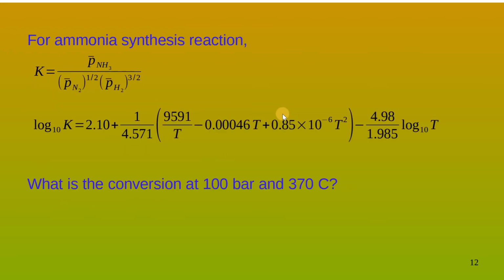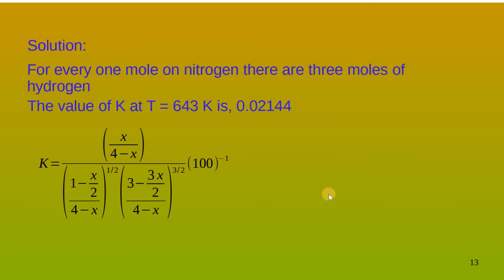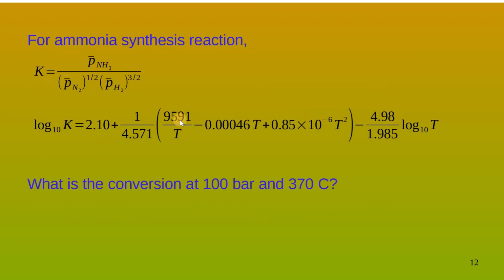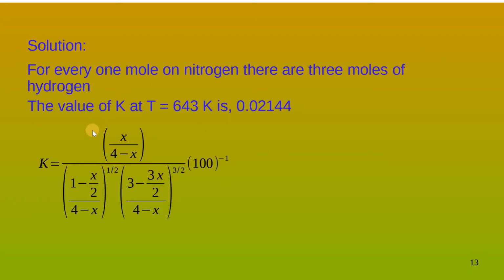This has been calculated by replacing 370 degrees Celsius as Kelvin, which is nothing but 643, in this expression. Therefore, we have K is equal to this expression, where this is nothing but the pressure raised to the summation of the stoichiometric coefficients of the reaction, which is nothing but minus 1.